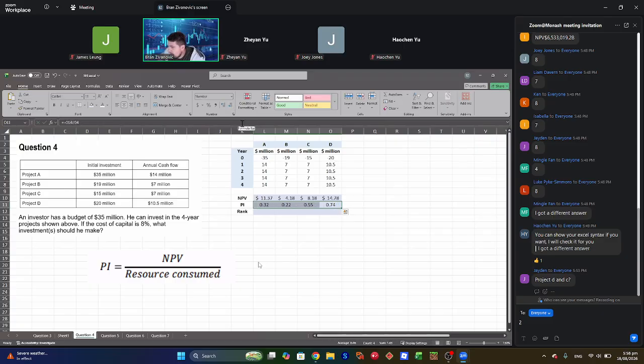lowest, highest profitability index. Now remember, this is a profitability index. You want the project that gives you the highest profit per dollar invested, right?